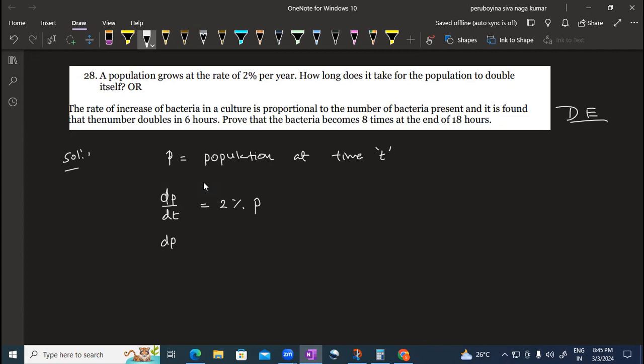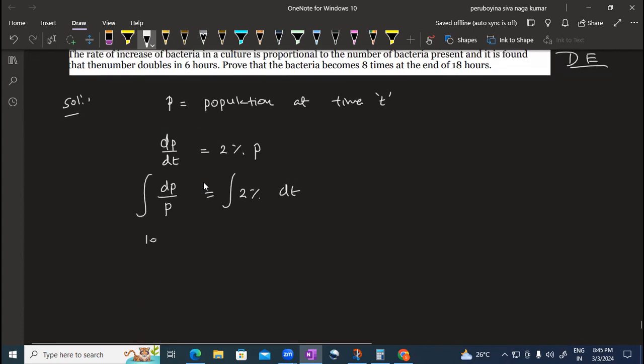Now we can do variable separable. So 2% of dt, and we will do integration on both sides. Then it will be log P is equal to 2% of t plus some constant c, where c is integral constant.